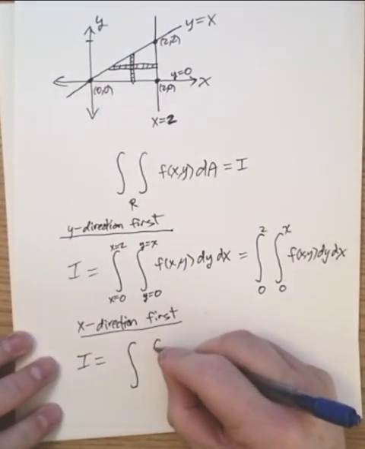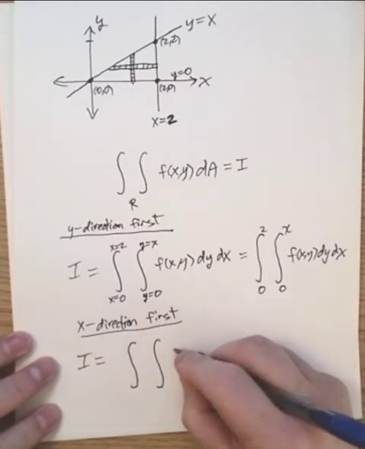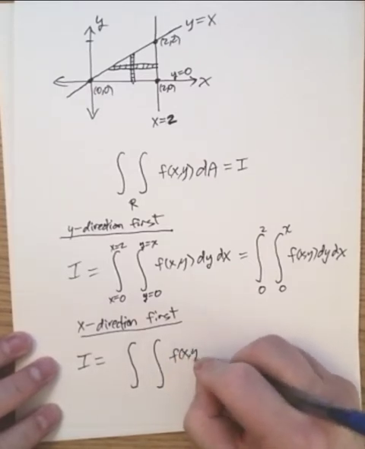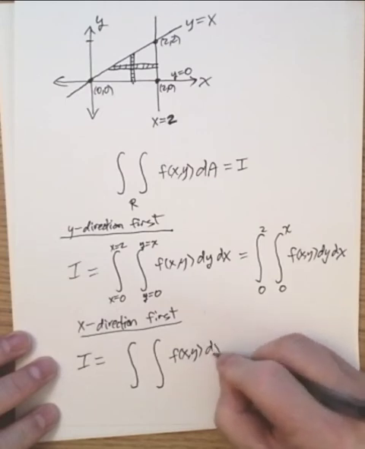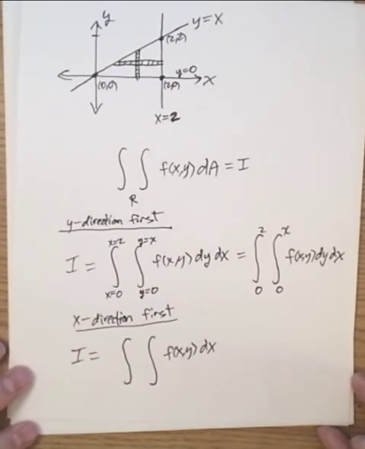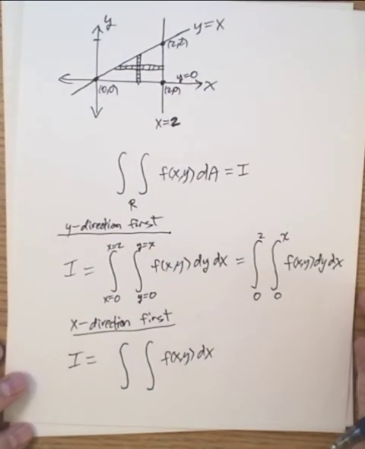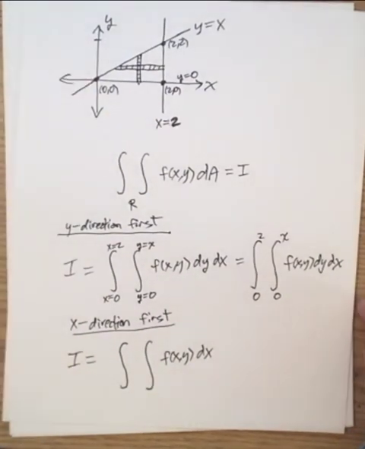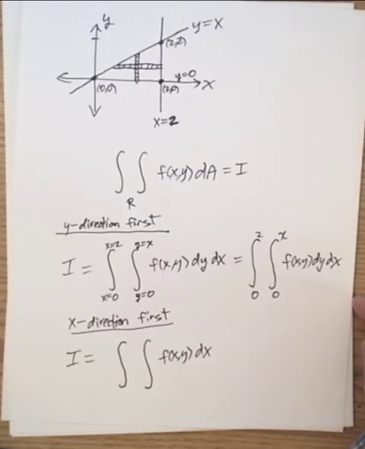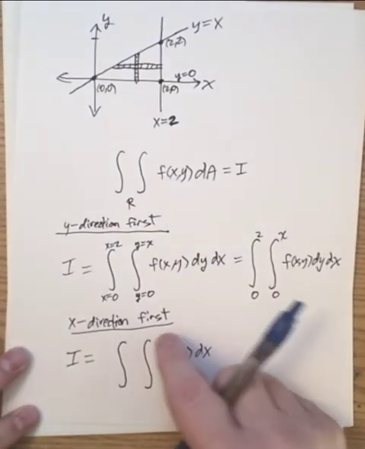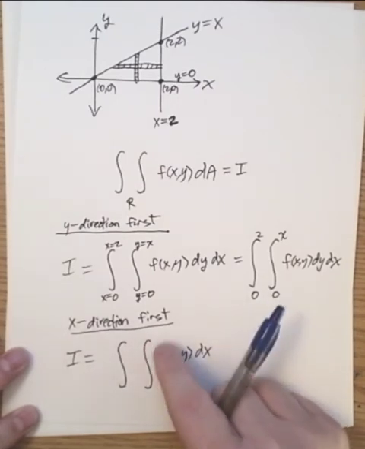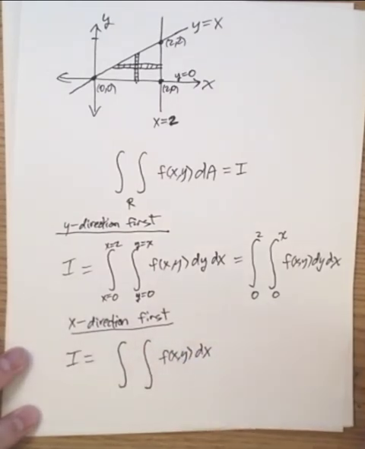All right, so I write my double integral, f of xy. I'm integrating out x first. Okay? Now, I should have maybe mentioned this before. Is the region I'm integrating over a rectangle? No, it's a triangle. Therefore, at least one of these inner limits is going to have to be variable.